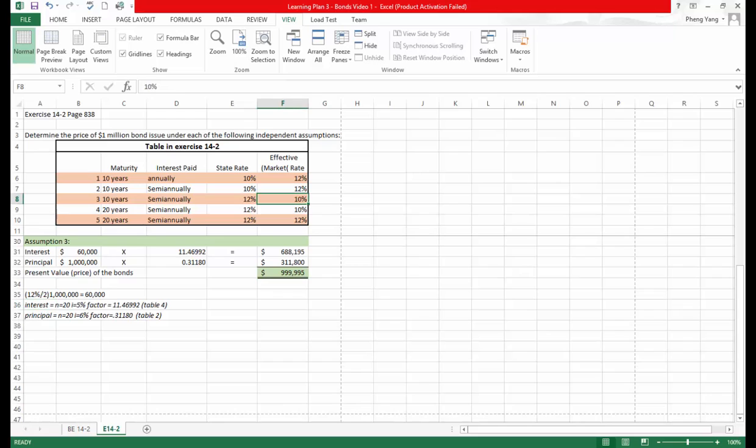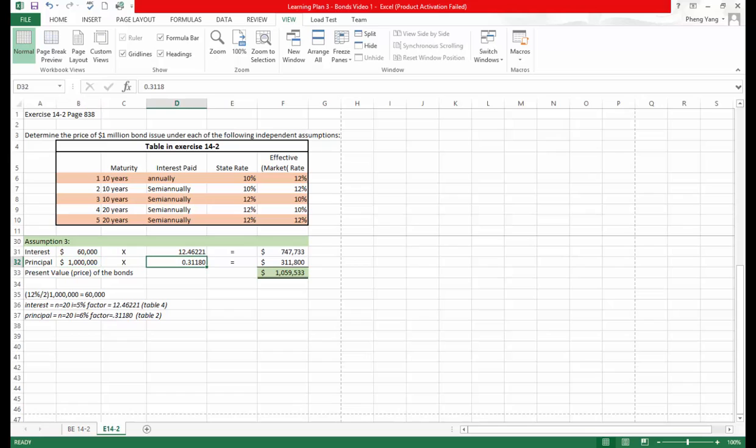It's calculated twice a year, so I'm going to take half of that, which is 5%. That will make my factor in table 4 be 12.46221. My interest then is 747,733. My principal is going to be the 1 million.